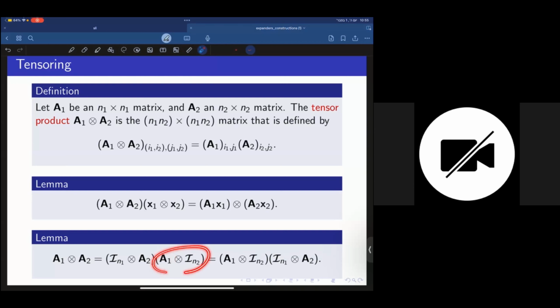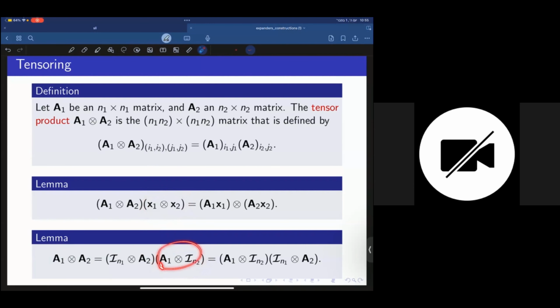When you apply this to X1, X2, you would get A1 X1 tensor X2. Don't worry about the second coordinate, just apply the A1 operator to the first entry.